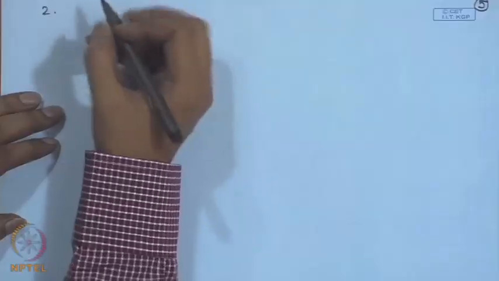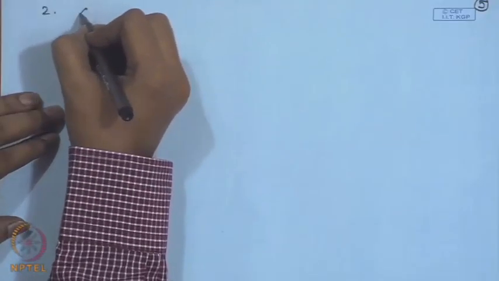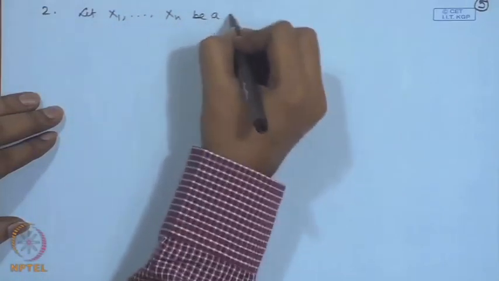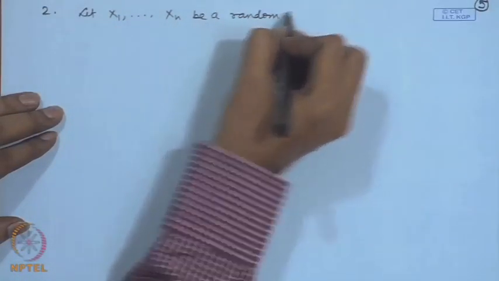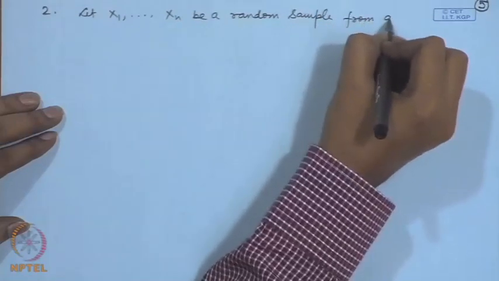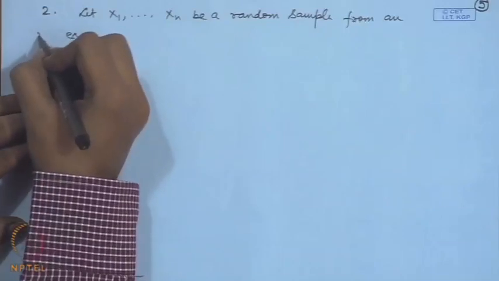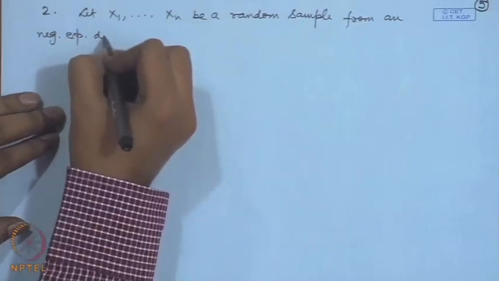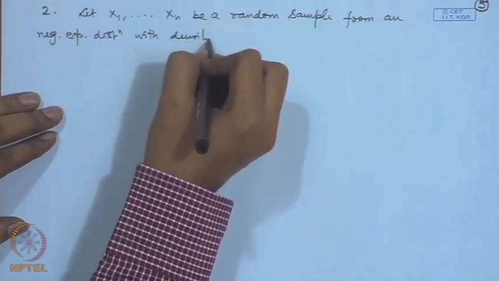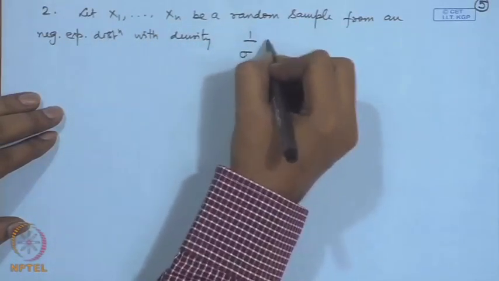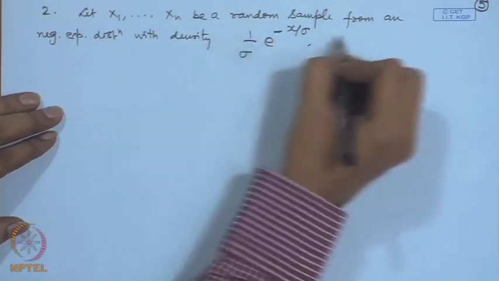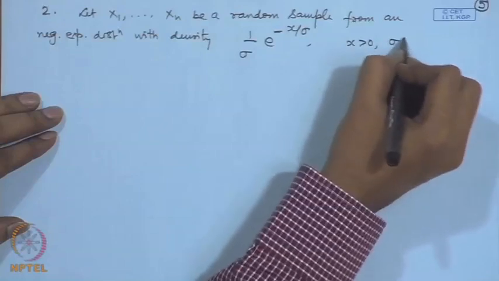Let us consider say exponential distribution. So, let x 1, x 2, ..., x n be a random sample from a negative exponential distribution, say with density function 1 by sigma e to the power minus x by sigma, x positive, sigma positive.